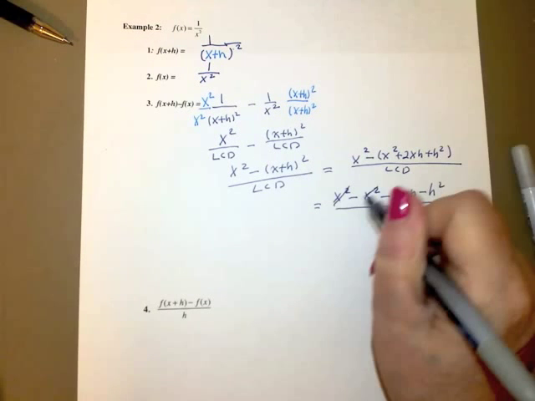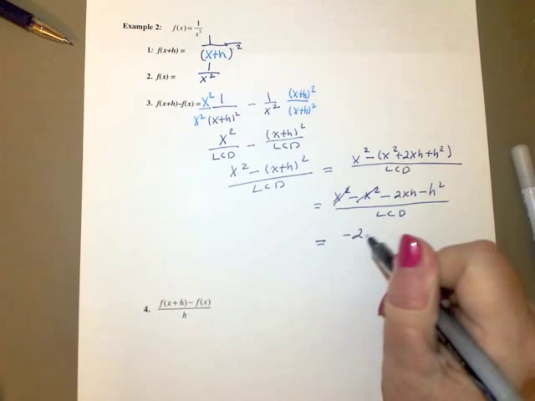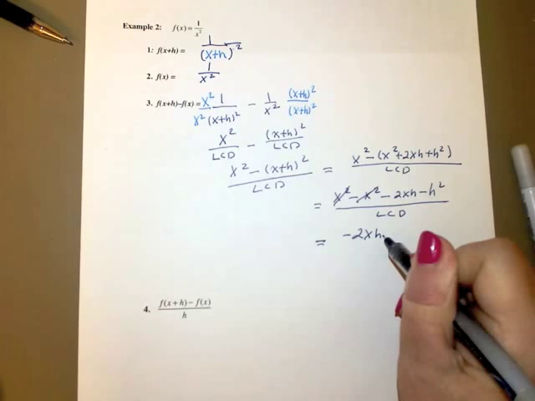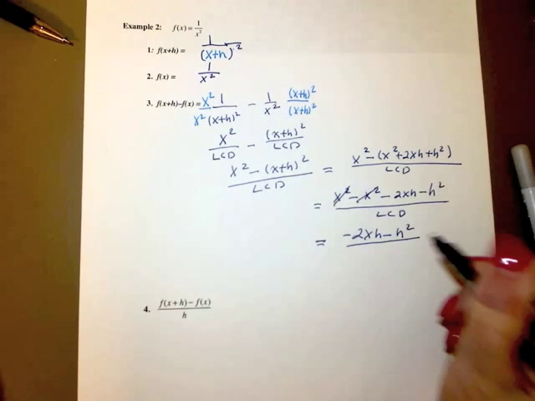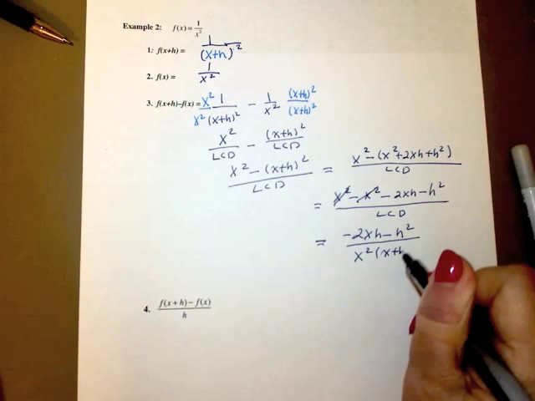The x squareds will add to 0. Nothing but h is left in the numerator, so 2xh minus h squared all over the LCD, which is x squared times x plus h squared.